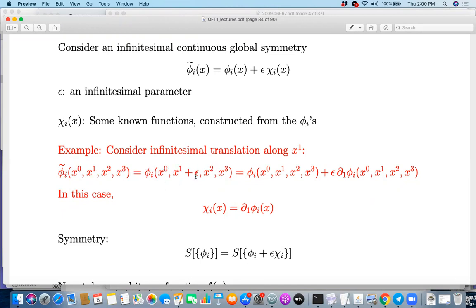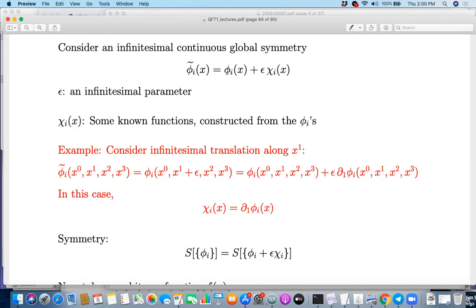And now you can use the fact that epsilon is small and do a Taylor series expansion of this to write this as phi I of x0, x1, x2, x3 plus epsilon times the derivative of phi I with respect to x1 of x0, x1, x2, x3.